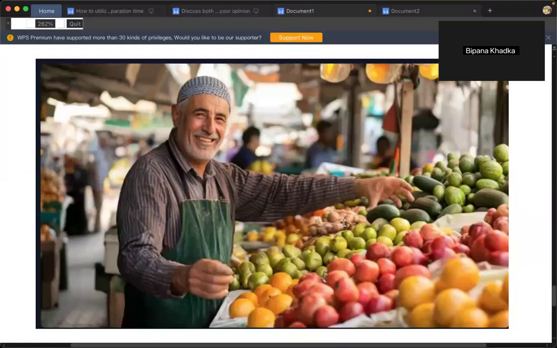The picture is all about marketing. There is a white boy who is wearing a t-shirt and he is selling the fruits. Like there are many fruits such as apple, oranges.